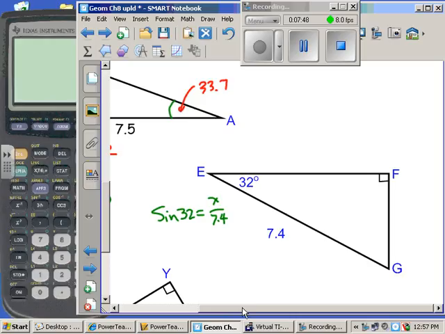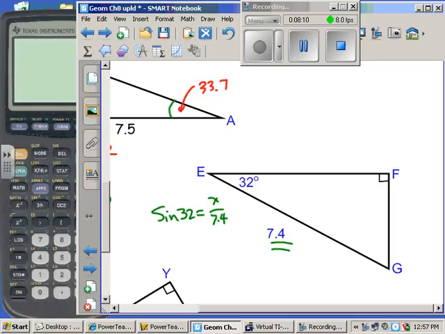The reason I wanted you to do this one is to see that you've got to remember when to use sine, when to use inverse sine. So in this case, we're looking for sides. I couldn't find angles because I only knew one side. So I couldn't use a trig function because I don't know two sides to divide. So instead, I'm going to find sides and use regular.